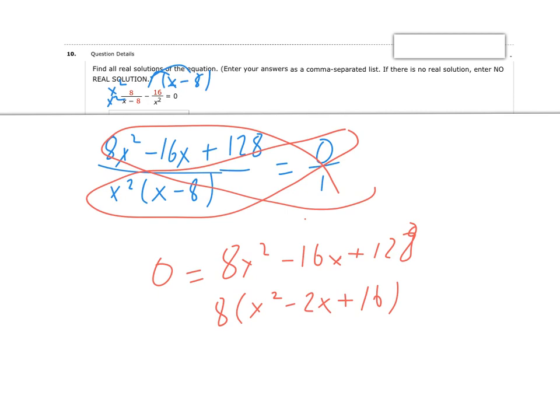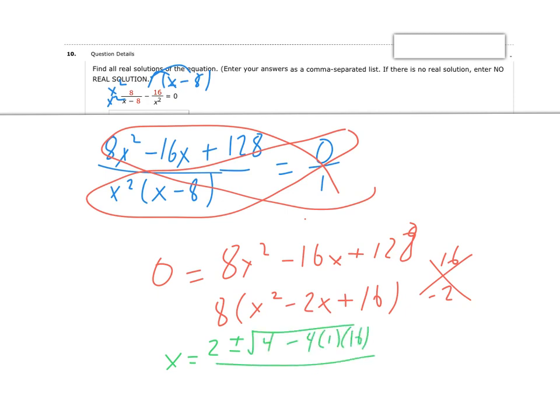All right, and I can try to factor that, multiplying to 16 and adding to negative 2, so 4 and 4 doesn't work, 8 and 2 does not work, so I guess I'll have to use the quadratic formula here. So we'll say x equals negative b plus or minus the square root of b squared minus 4ac, and then all over 2 times a.